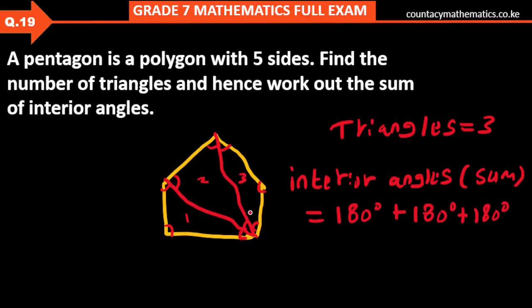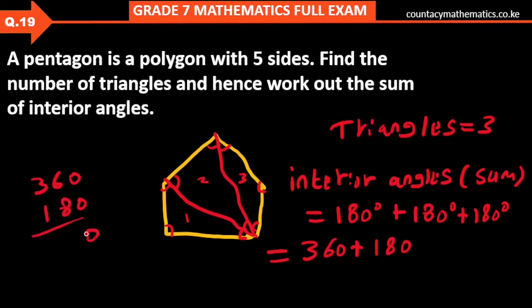Therefore, to find the sum of the interior angles, we simply take 180 multiplied by 3, but we know that 180 multiplied by 3 is equivalent to 180 plus 180 plus 180, and this equals 180 plus 180, that's 360. 360 plus 180: you have 0, you have 8 plus 4, you get a 4, you carry 1, you have 3, 4, 5, 540.